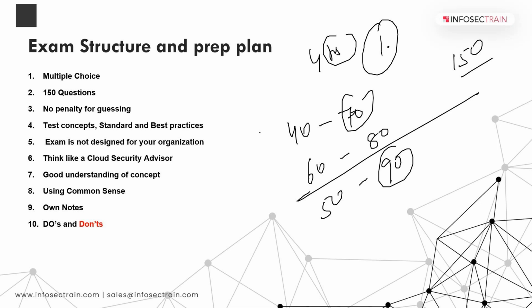Because after 100, the last 50 questions are horrible, very difficult. So at that time you need time to read, because reading and understanding are core skills of any certification, mainly CCSP and CISSP.